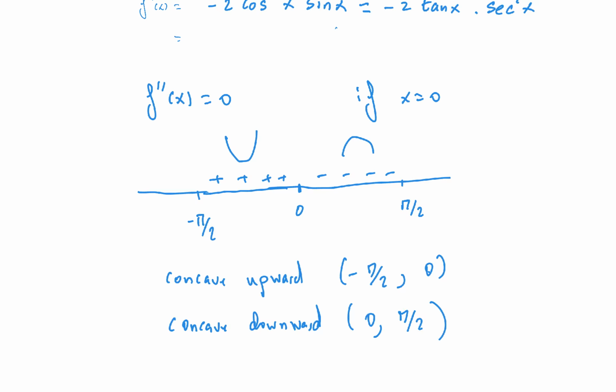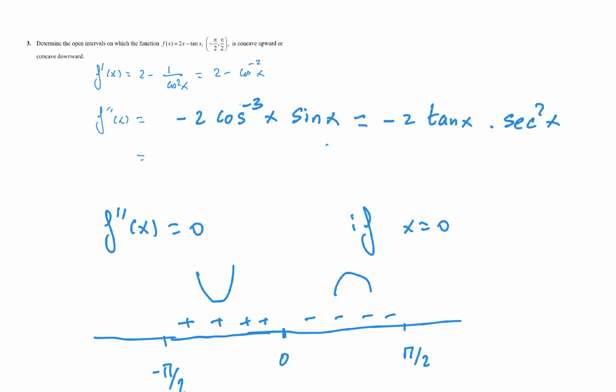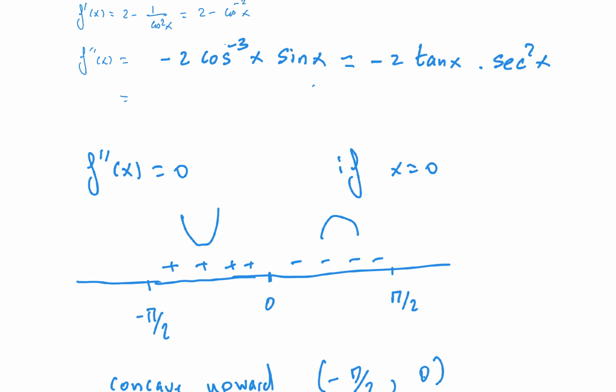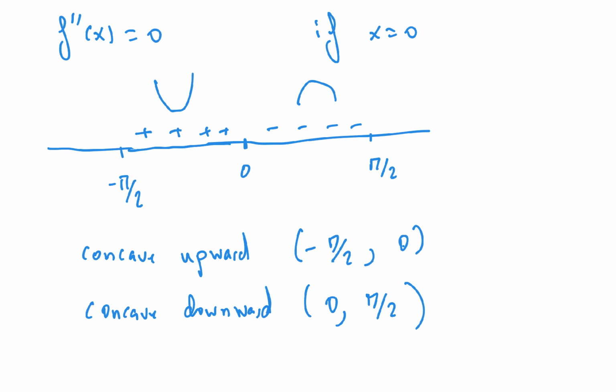As a final result, the concavity is summarized like this. The function f of x equals 2x minus tangent of x is concave upward in the interval minus pi divided by 2 to 0, and concave downward on the interval 0 to pi divided by 2. So the procedure is always the same. Find the second derivative, find the inflection point, look at the right, look at the left.